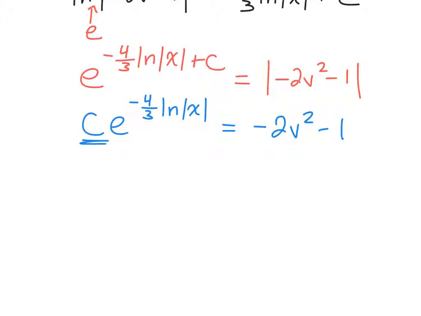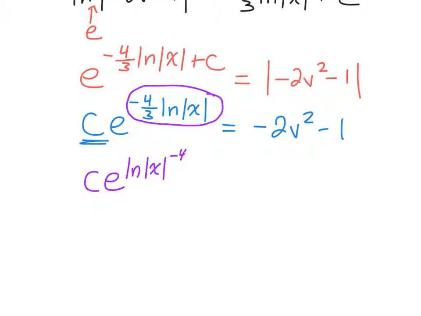All right, c e, how else could I write this? The negative 4/3 ln of the absolute value of x. How else can you represent a coefficient of a log? Exponent. So natural log of x to the negative 4/3.